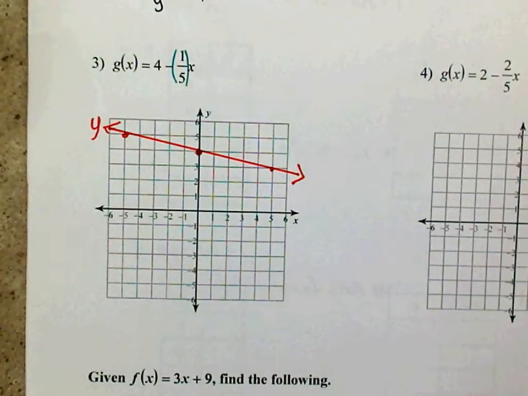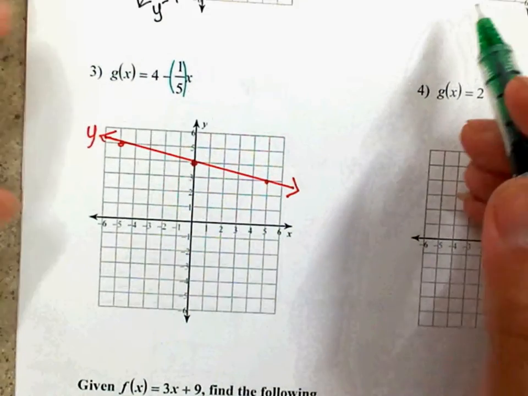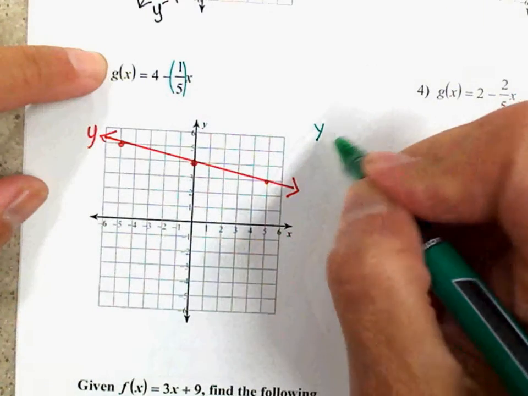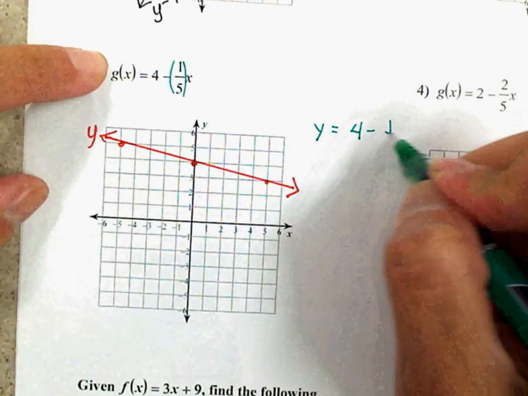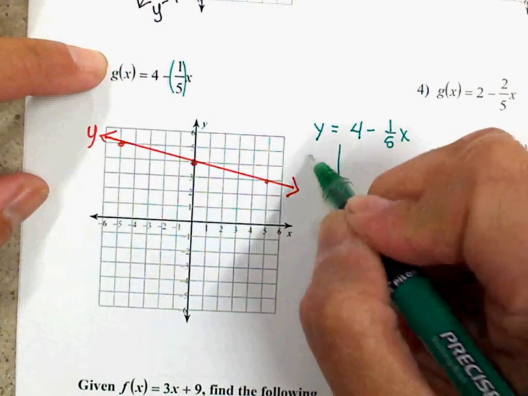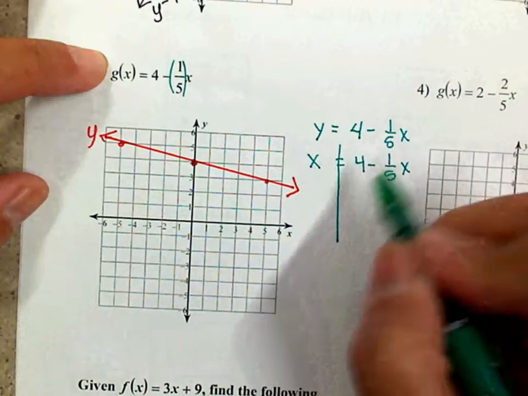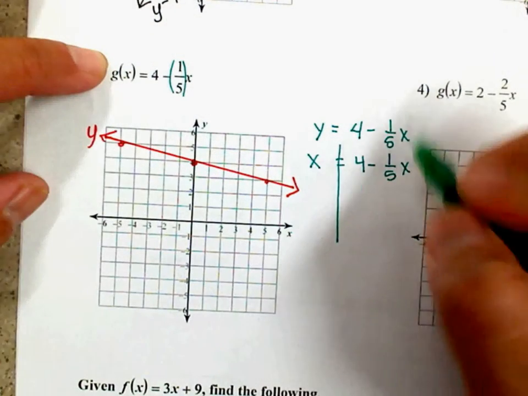Okay. Now we're going to find our inverse. So here we go. G of x, I'm going to write that as y, equals 4 minus 1/5 x. Switch your x and your y. Okay? Subtract 4 first. Oops, sorry, that should be an x. Should be y.